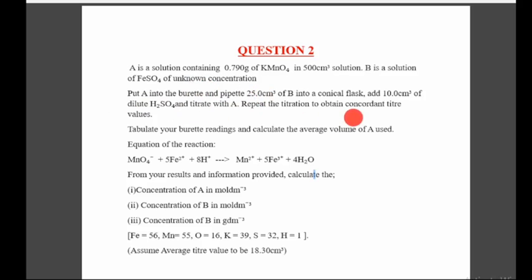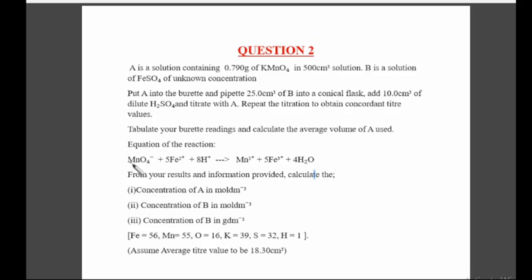Put A into the burette and titrate against 25 centimeter cube in the conical flask, after you must have acidified your iron 2 plus with dilute H2SO4. Then tabulate your burette reading and calculate. We are using 18.30 for this calculation, which is going to be our average titre value.